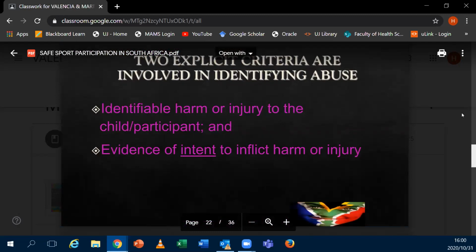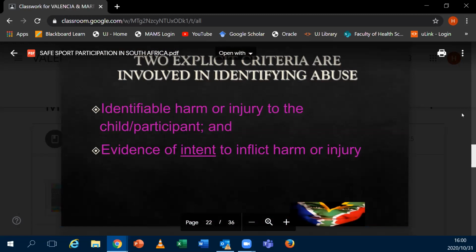One of the things that we also need to realize is that if we ourselves know that some kind of abuse is happening and we do not report it, we are just as liable as anybody else in that particular situation. So if we do know that something is happening, or if a child has come to you in confidence, you have a responsibility to do something. You can't just say, oh, but I don't feel comfortable.